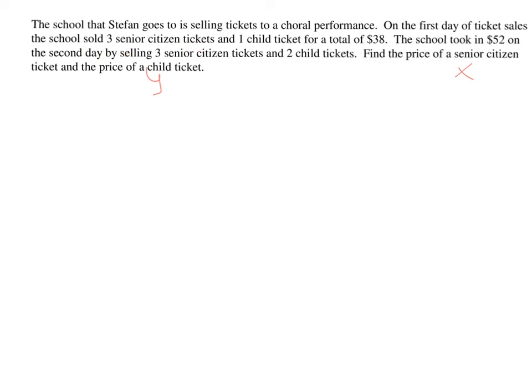And my senior citizen tickets are x, so 3 of them will be 3x. The child tickets, I sold 1 child ticket, so y represents the price of the child ticket, and I sold 1 of them, so plus 1y, or just plus y, equals, and they sold for a total of $38. So there's my first equation.